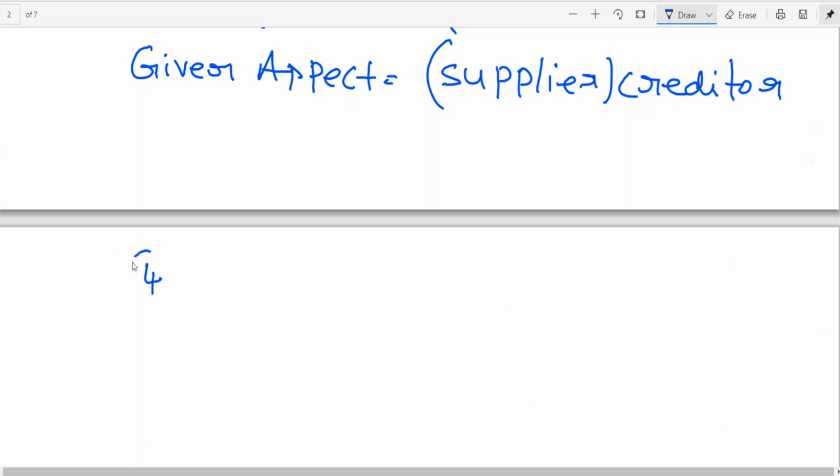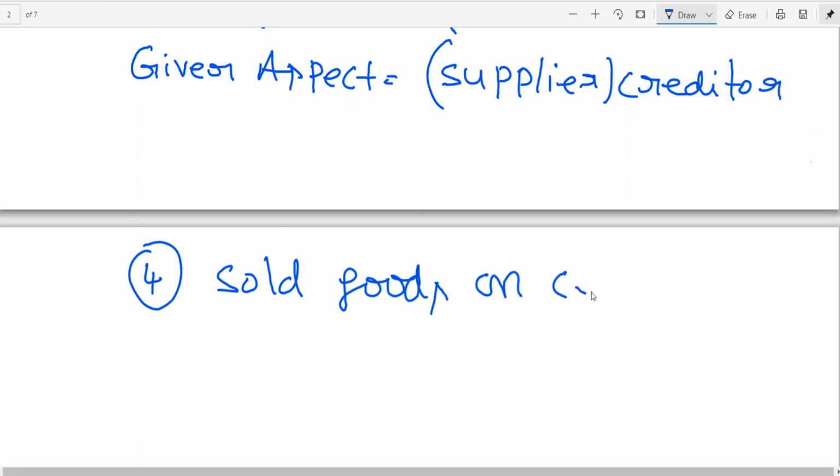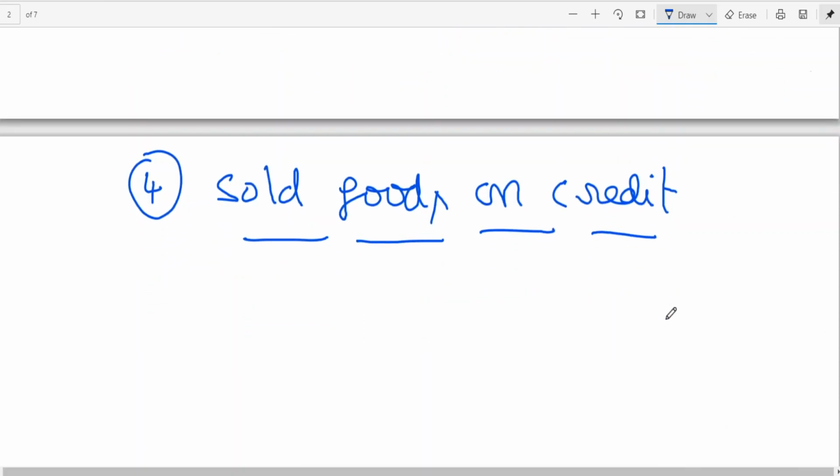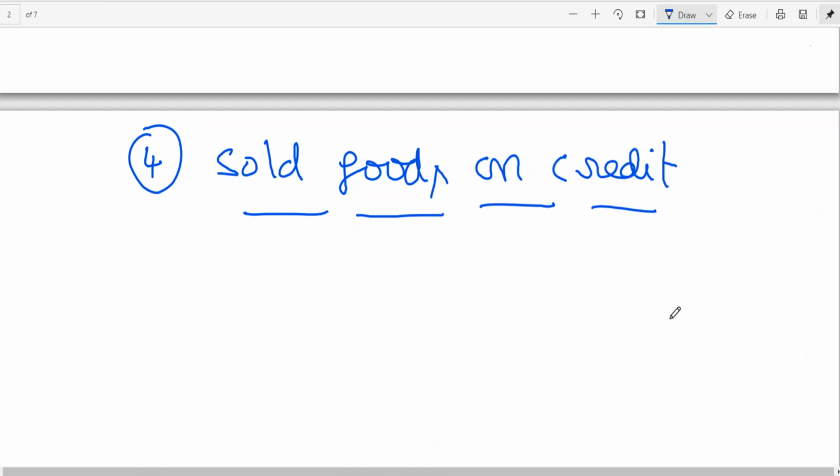Similarly, sold goods on credit. Here also you can see the name of the customer is not given. Then we can write receiver aspect.